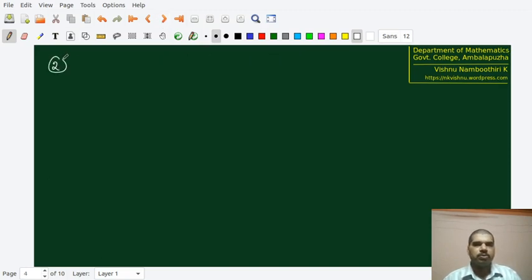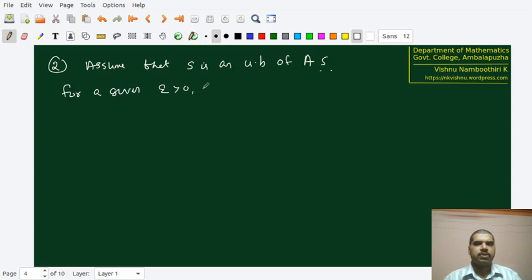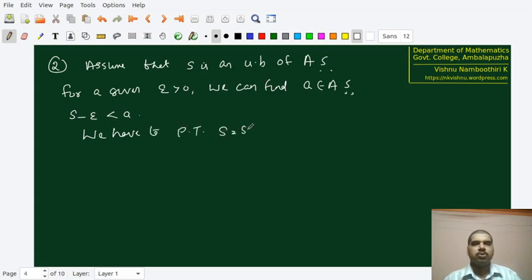So in direction 2, assume that S is an upper bound of A such that for a given epsilon greater than 0, we can find A in A such that S minus epsilon is less than A. We have to prove that S equals the supremum of A.